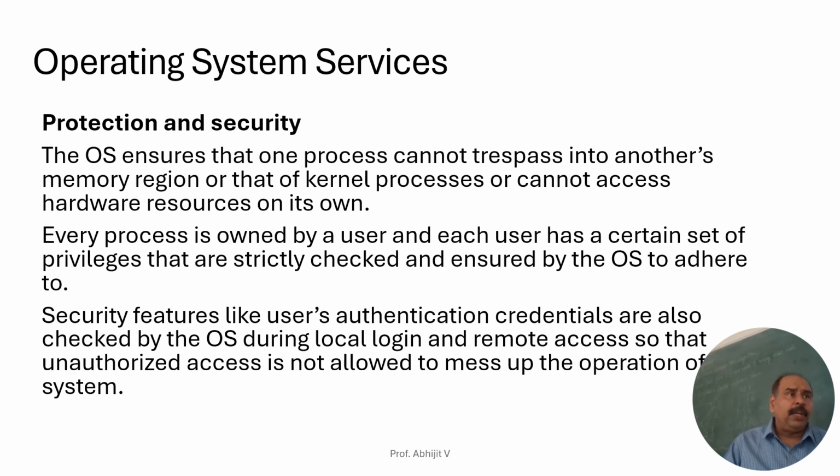Every process is owned by a user and it should not mix up with different kinds of users. And each user has a certain set of privileges that are strictly checked and ensured by the operating system to adhere to.